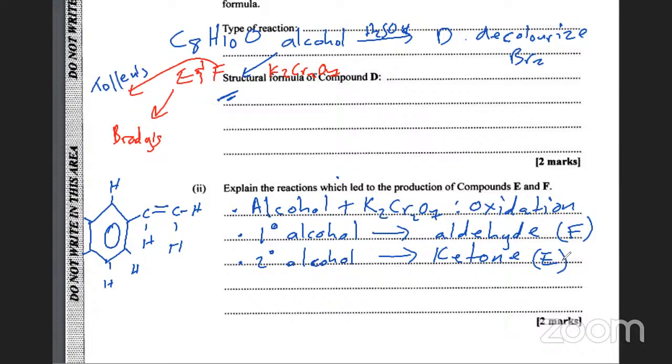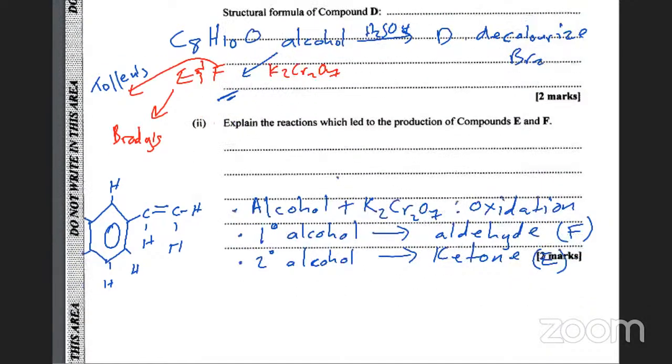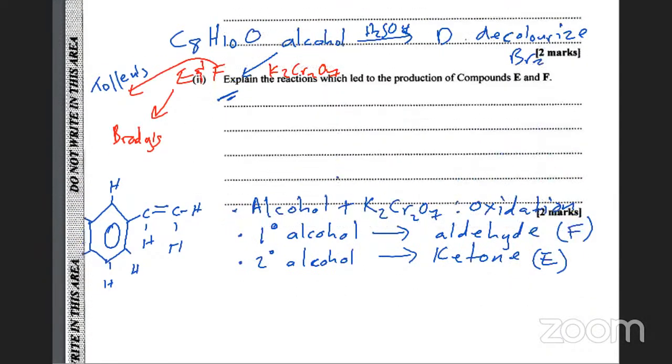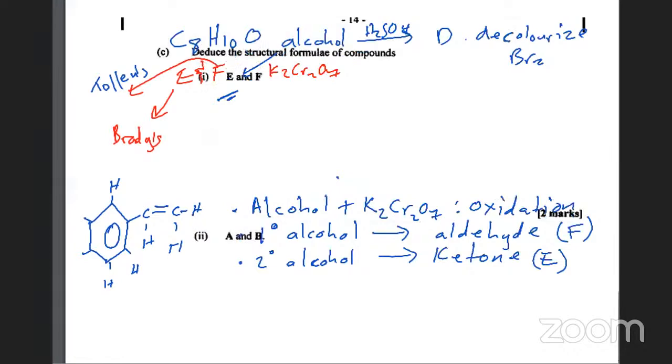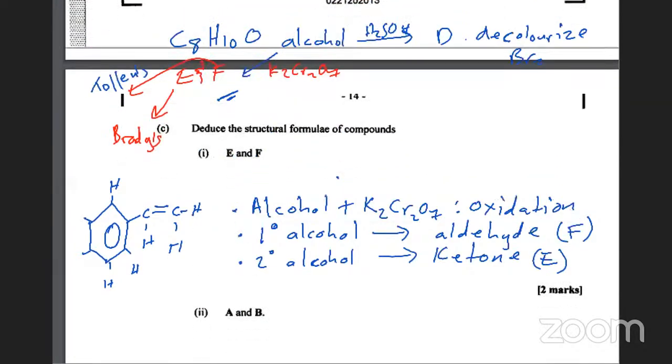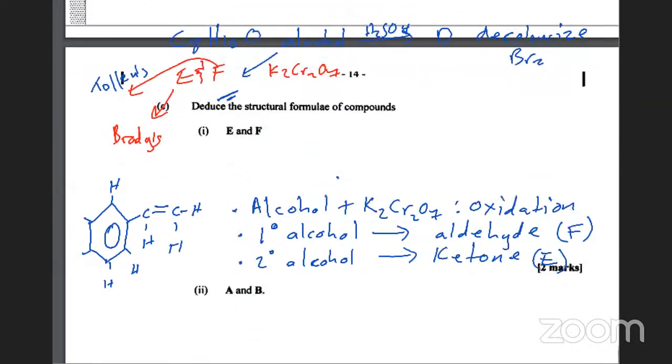All right, so I'm going to scroll again. Now they're asking us to deduce the structure of E and F. So we said that F was the aldehyde and E is the ketone.